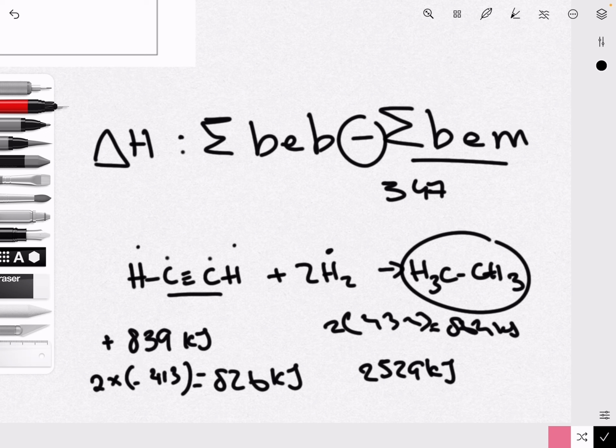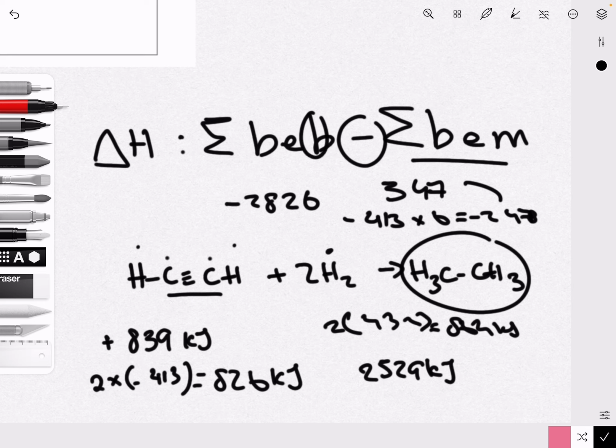And we will have to do negative, because yet again, products. 413 times 6, because we got 6 of those bonds, giving us negative 2,478. Now we add these two values together, giving us negative 2,826.